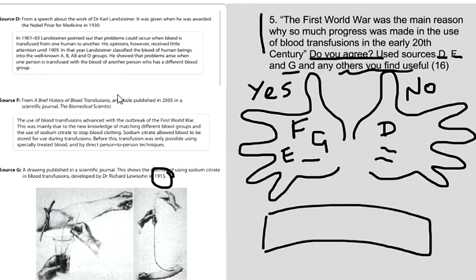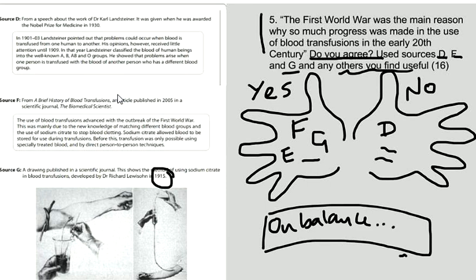Yet on the other hand, we could say that it wasn't the First World War. Dr. Karl Landsteiner, as it shows us in source D, had already classified blood groups and shown that problems arise when one person is transfused with blood of another person who has a different blood group, and so advances had been made before the First World War. And then you move on to the conclusion, where you use the phrase 'on balance', to show that you have weighed up the evidence.